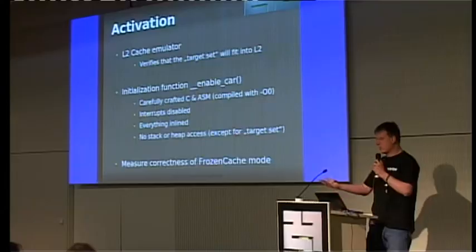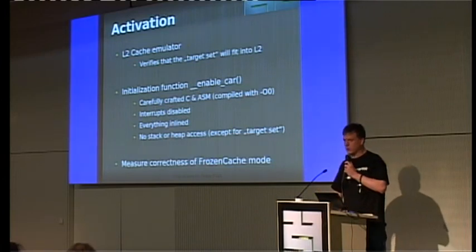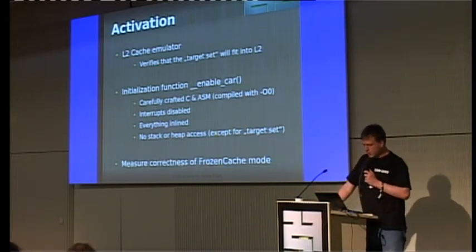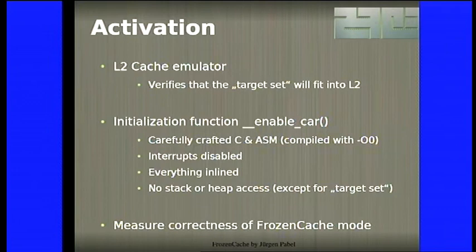And of course, it's compiled without optimization. So what you tell it to do is hopefully what it will compile. Interrupts will be disabled in this initialization routine, so you don't have any other things that would interrupt.